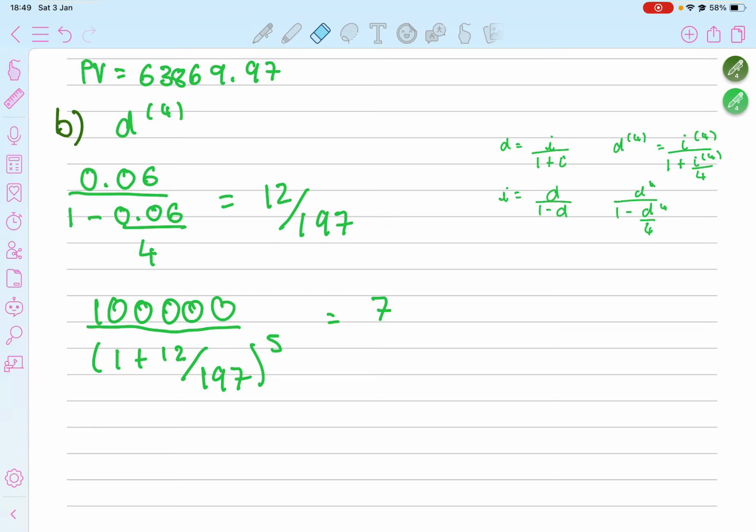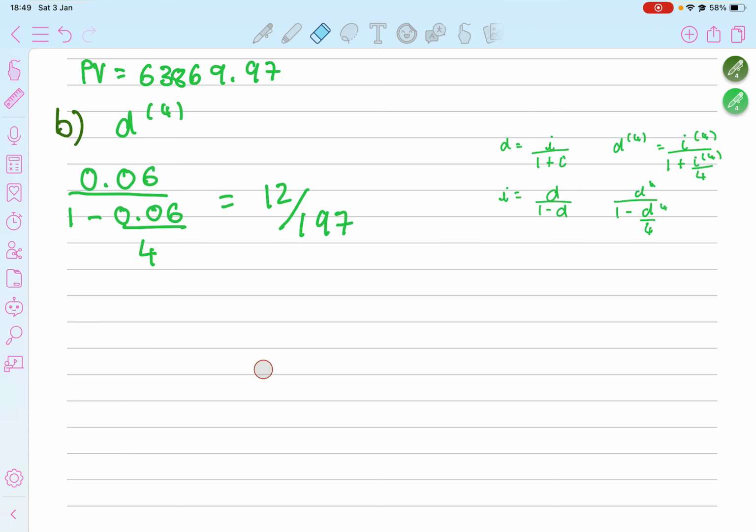Oh, I did that wrong. Hang on. So this is actually i4. So now I need to put it back and find the annual one.